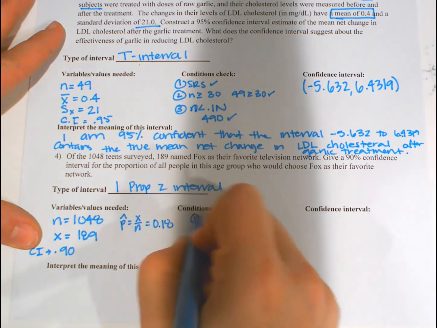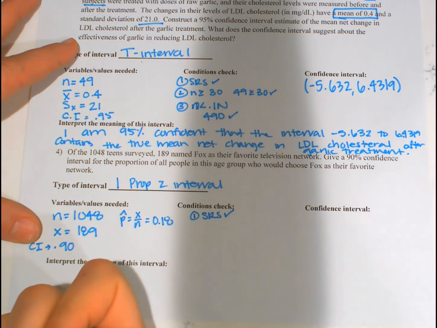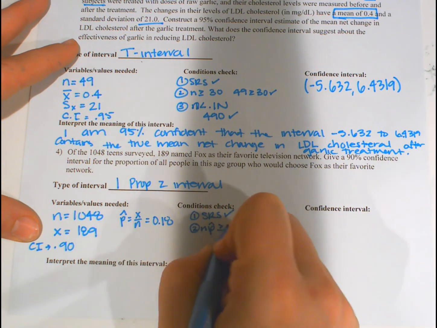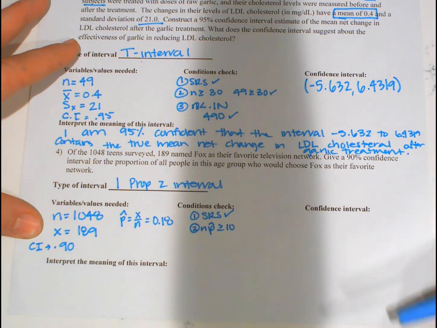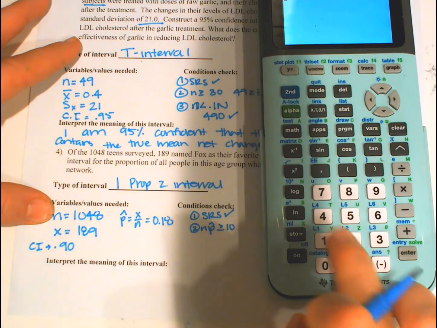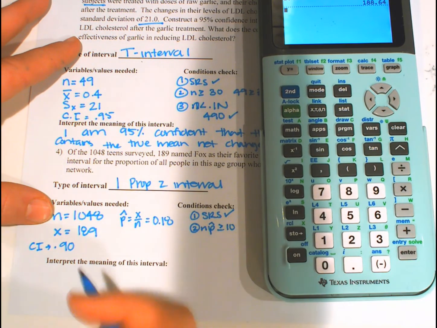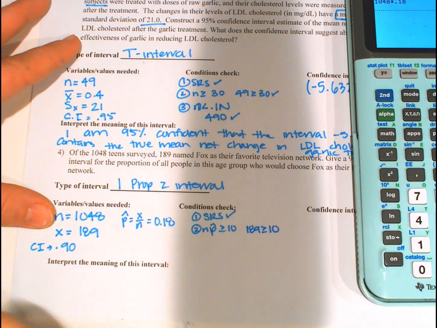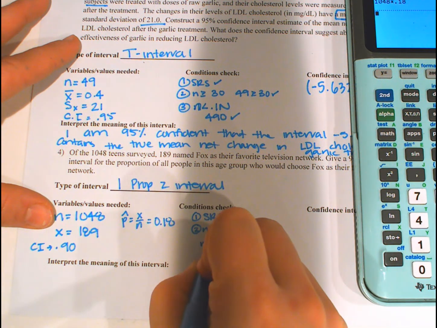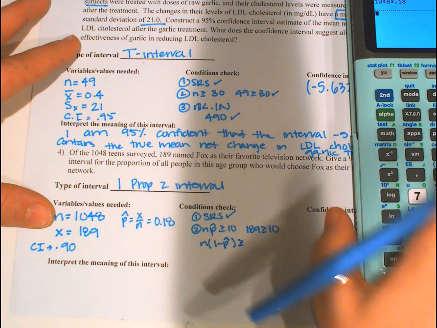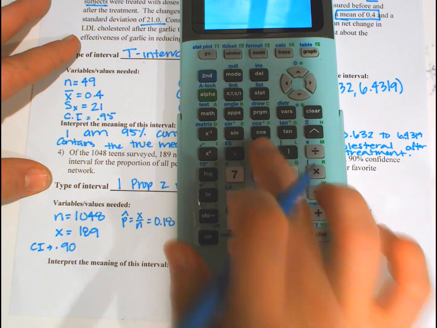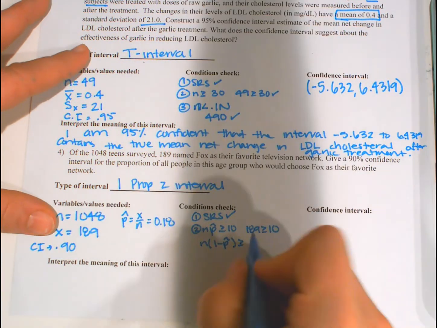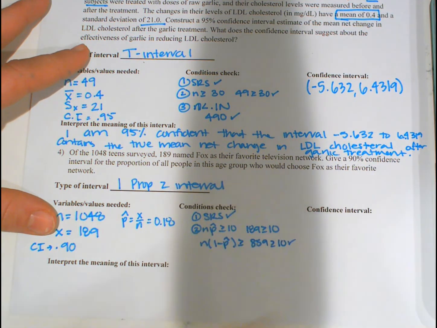So when we check, is it a simple random sample? We'll assume that it is. We want to know if n times p is greater than or equal to 10. That's the same thing as x, but if I do 1048 times 0.18, I get 188, or about 189, which is definitely greater than or equal to 10. If I do n times 1 minus p, I have 1048 times 1 minus 0.18, I get 859, which is definitely greater than 10.